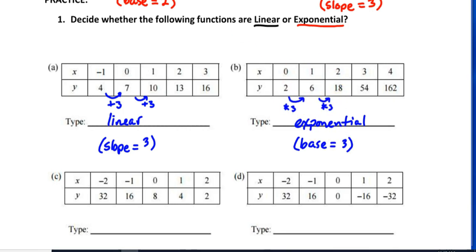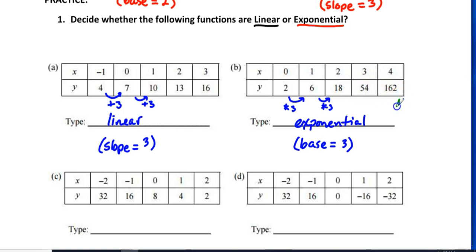I want to point out something that can help us with later problems. Maybe those couple were easy, but then on others you might have been stumped. I want to point out how we can get this 3. If it's not immediately obvious to you how to get from 2 to 6 and 6 to 18 and 18 to 54, one thing you can do is find the common ratio, is what it's called.